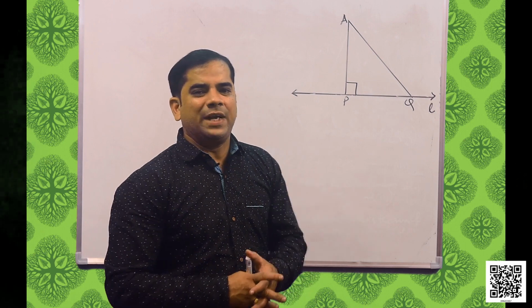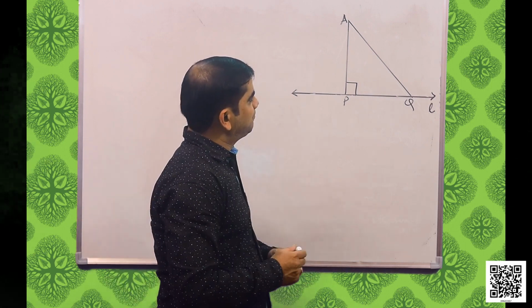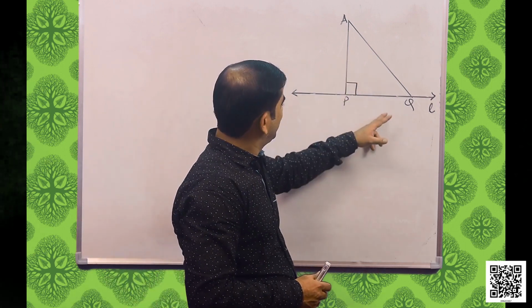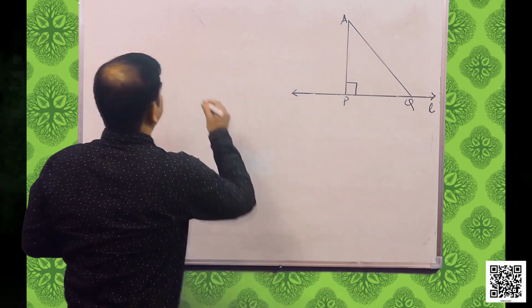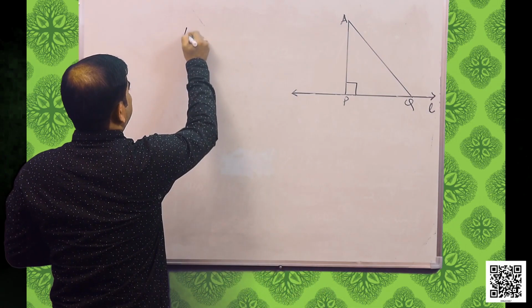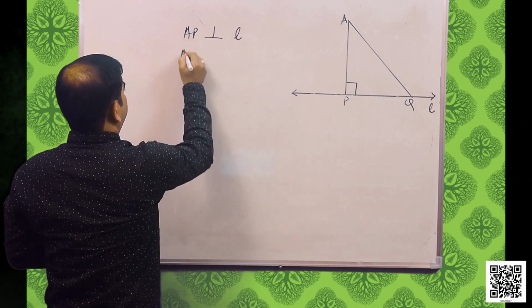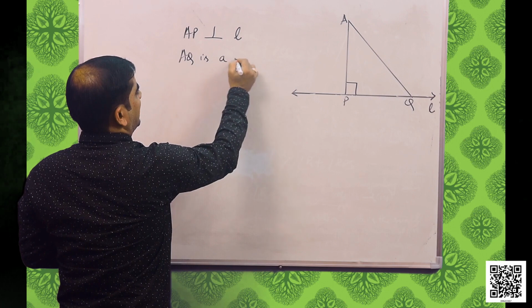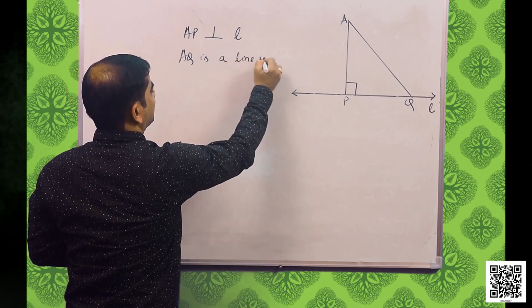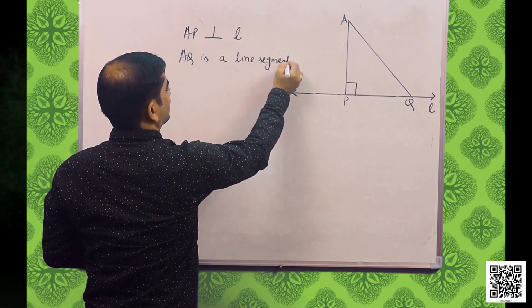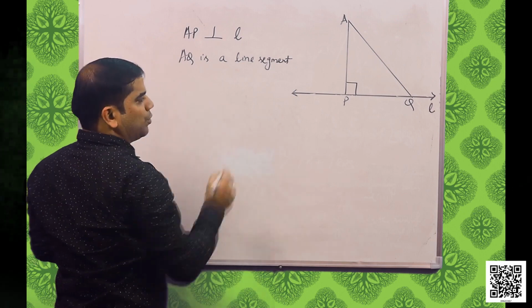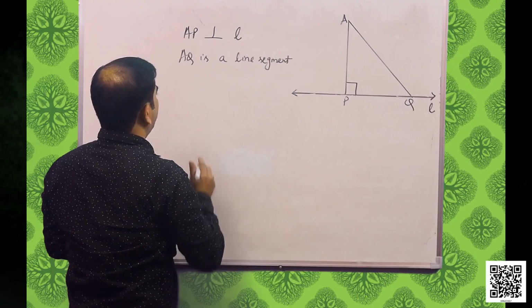Angle APQ is greater than angle AQP. So, in this case, AP is perpendicular to L, AQ is a line segment, P and Q, they lie on line L.